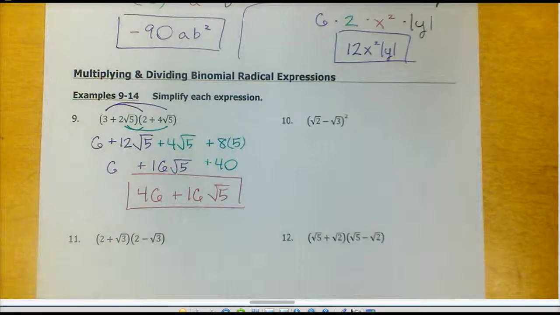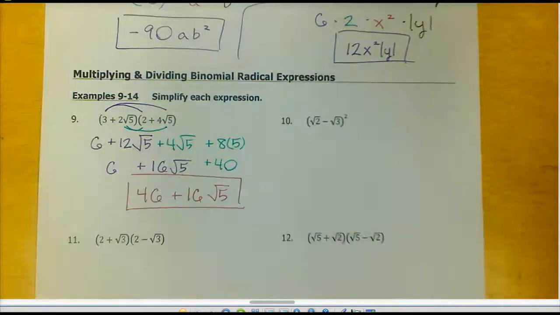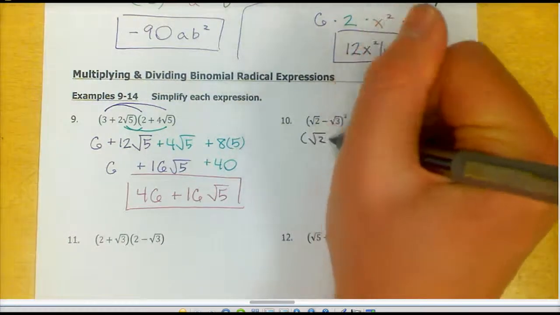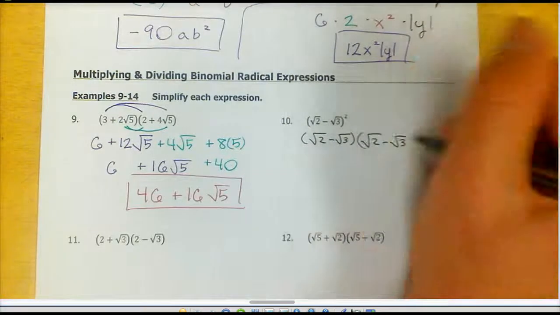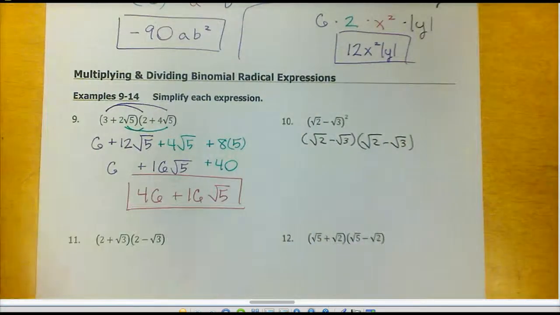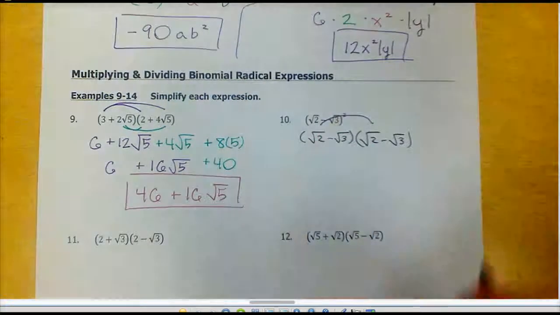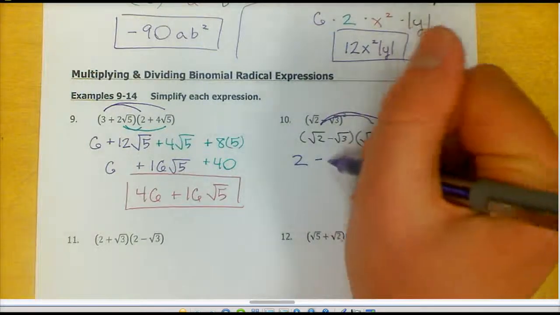Okay, number 10, we have radical 2 minus radical 3 quantity squared. Just remember, when you see quantity squared, it means take the binomial times itself. So that means the same thing as radical 2 minus radical 3 times the quantity radical 2 minus radical 3. So radical 2 times radical 2 is just 2. Radical 2 times negative radical 3 is minus radical 6.